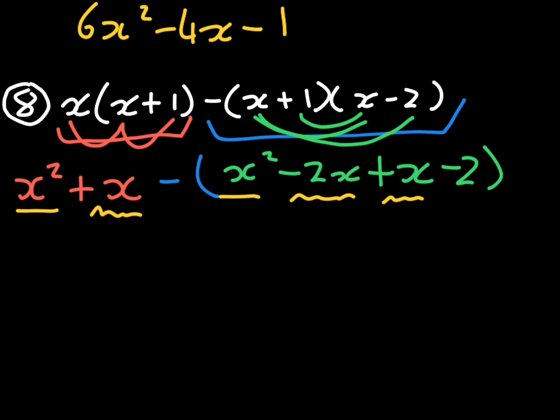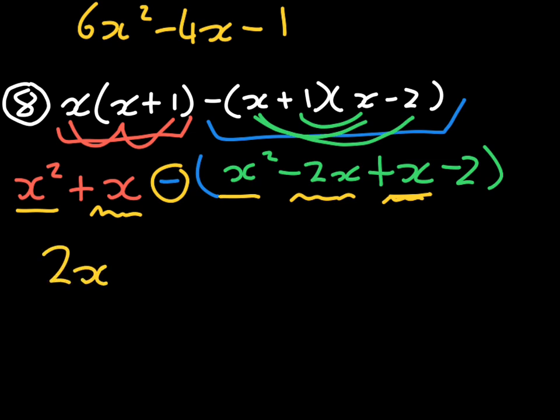So x minus 2x. Now remember, minusing a minus is the same as plussing. So we've got x plus 2x, and we're going to minus x. So we've got x plus 2x minus x, and that will give us 2x.